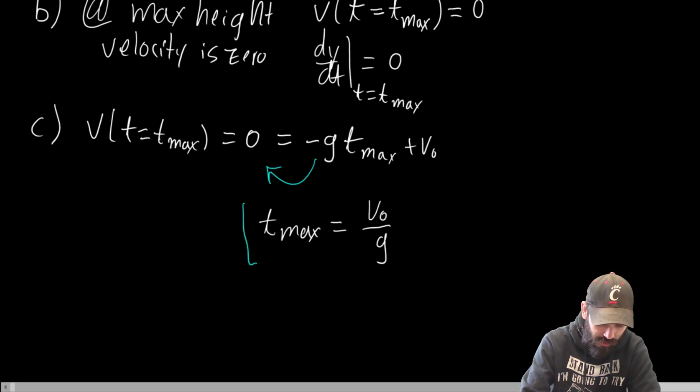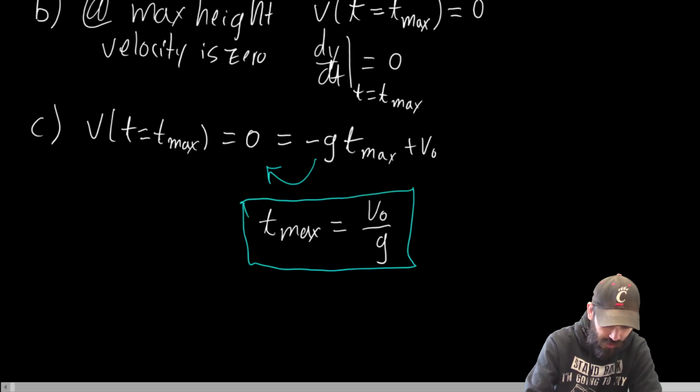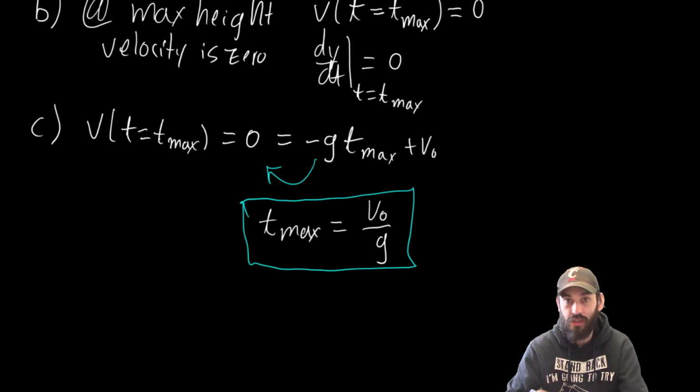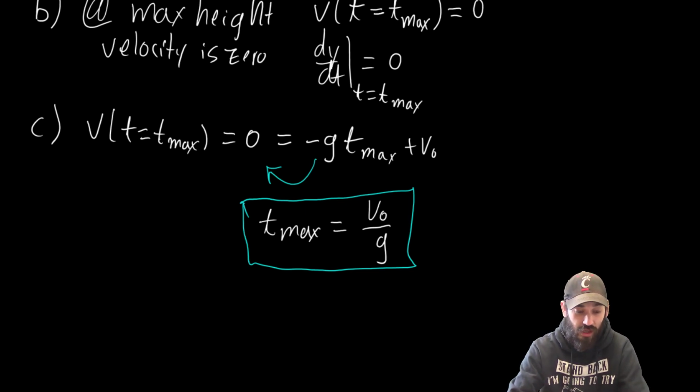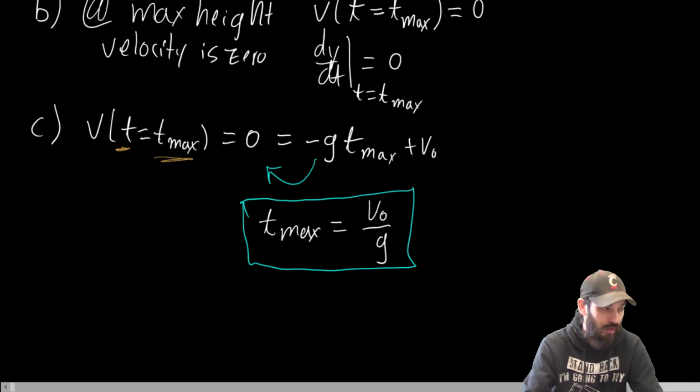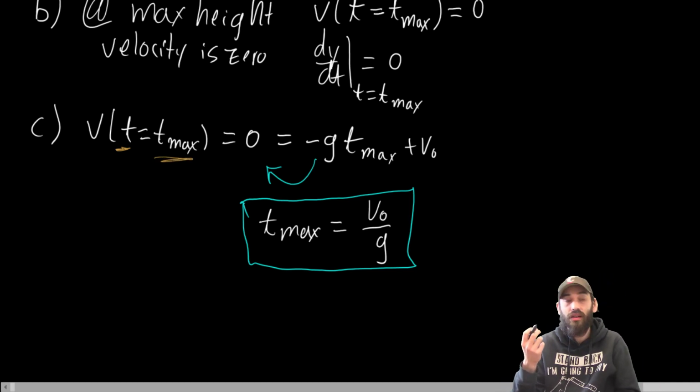Now, I do want to pause here for a second and talk about something that might be a little bit confusing. When I'm using notation, there's a very good reason why I'm using the notation that I am, and a lot of times students have a difficult time discerning the difference between t and t max.